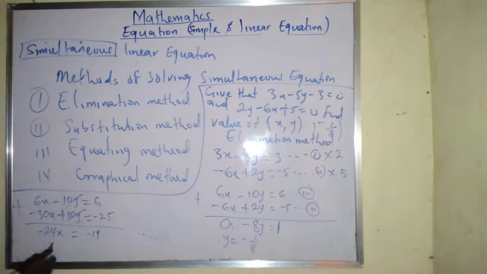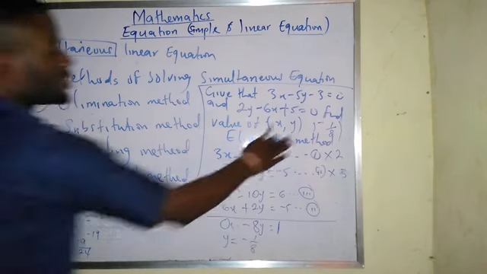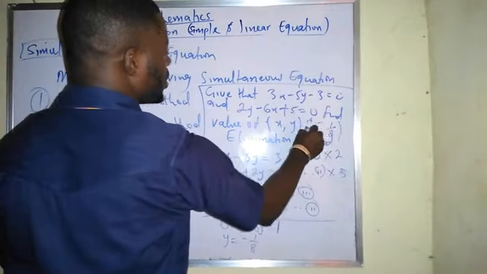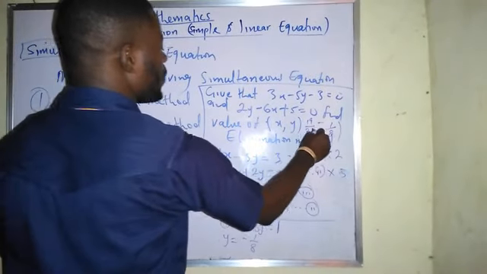Now my x will be equal to 19 all over 24. Minus and minus have cancelled themselves. So it will be 19 all over 24.